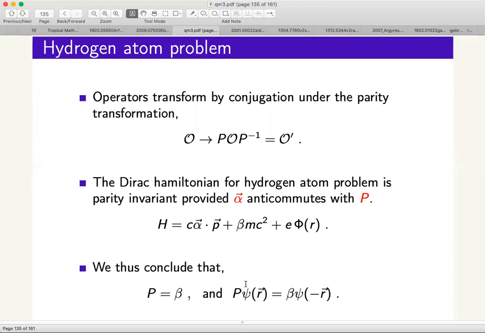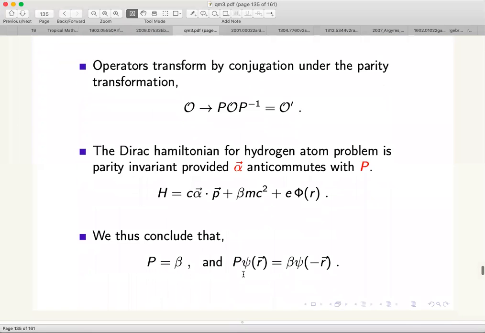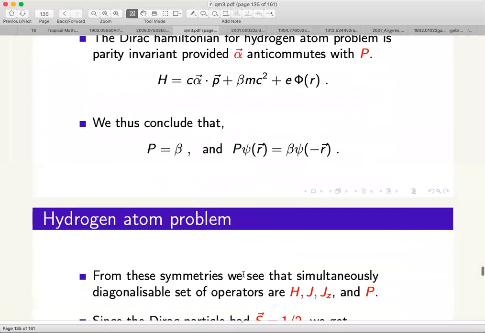Therefore the action of the parity operator on the Dirac wave function is P on psi of R is equal to beta times psi of minus R. So that is one thing that we realized.